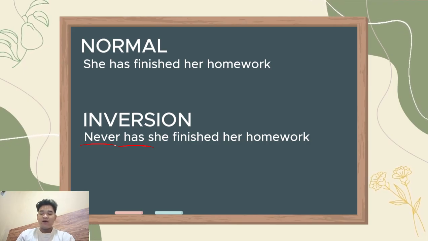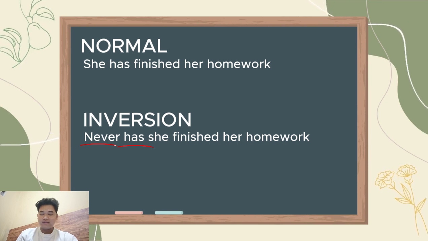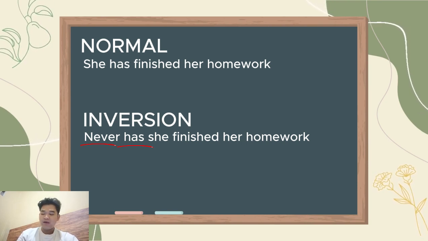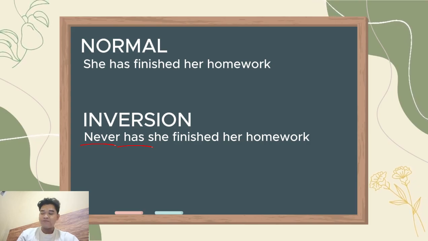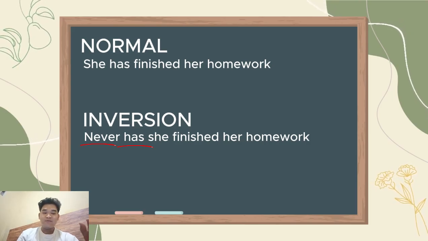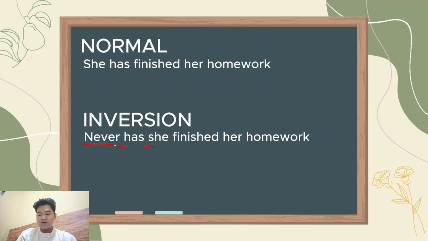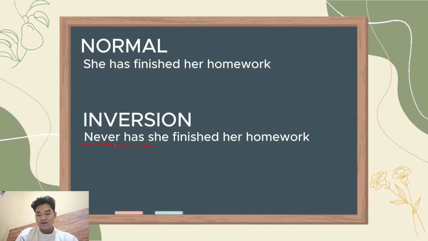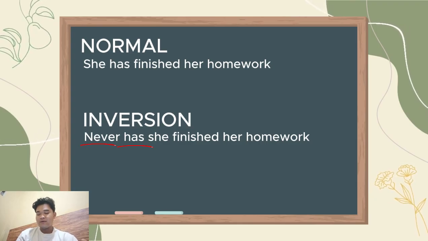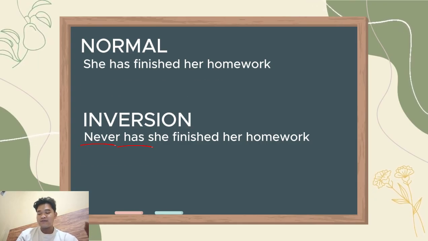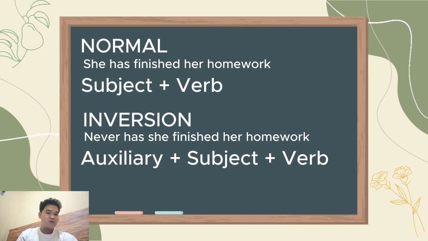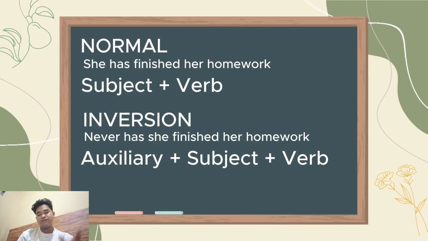That's why in the normal sentence, the has was placed after she as the subject, and in the inversion form, has is placed before she as the subject. So in an inverted sentence, the structure is auxiliary, then subject plus verb. So auxiliary here is an auxiliary verb.